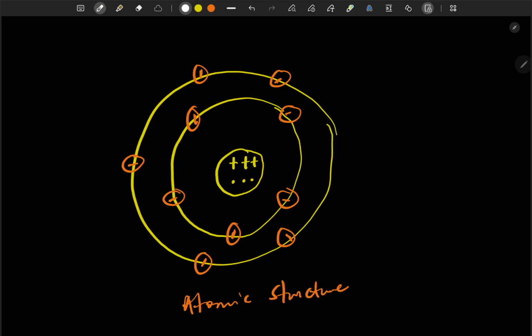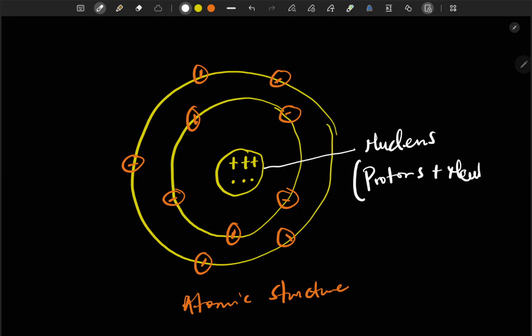in which we can say that this center is the nucleus of the atom, and this nucleus contains the protons that are positively charged and neutrons that are neutral, no charge. These are shells.